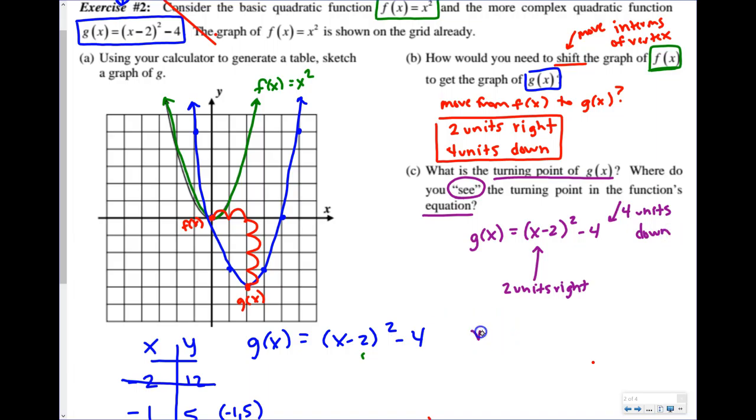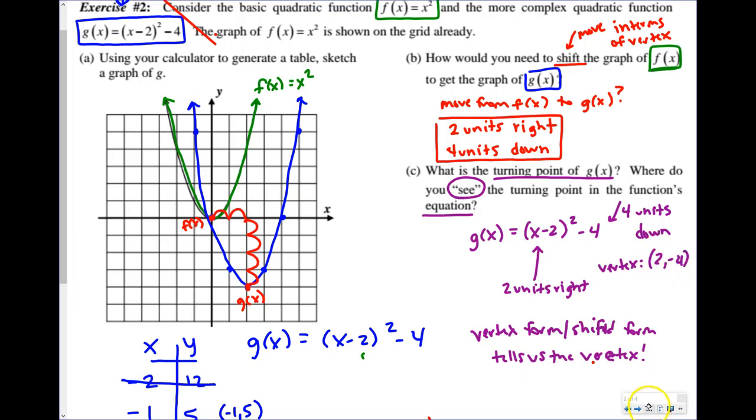So vertex form, or we call it shifted form, tells us the vertex. So the vertex for this equation is (2, negative 4).